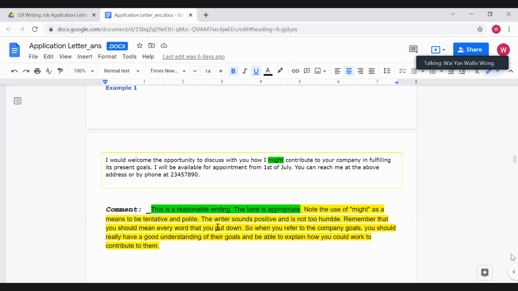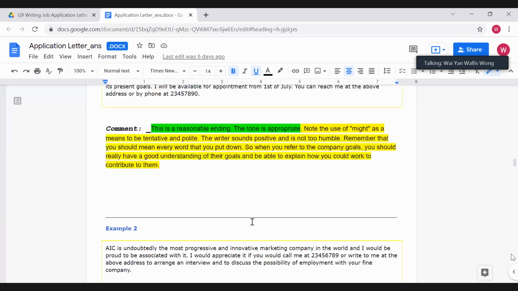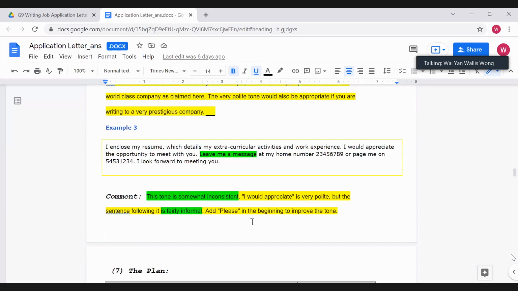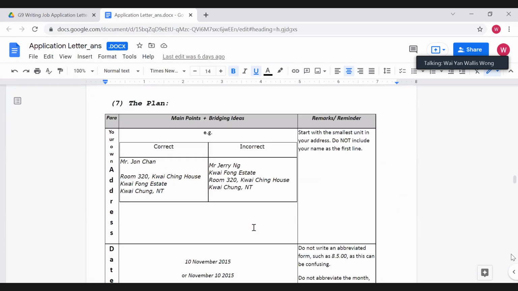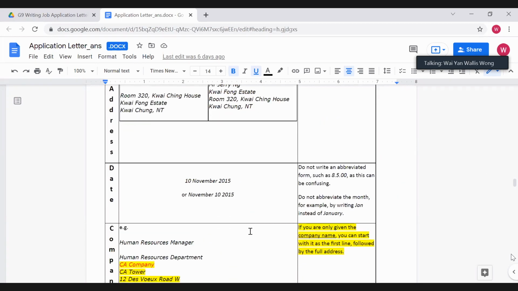Can you just copy some of the phrases? The tone, for this one, we say that it is appropriate. However, more details can be added. So now let's go to the next part.